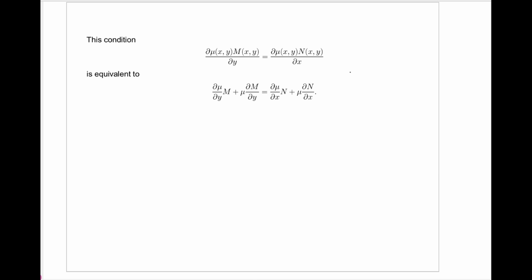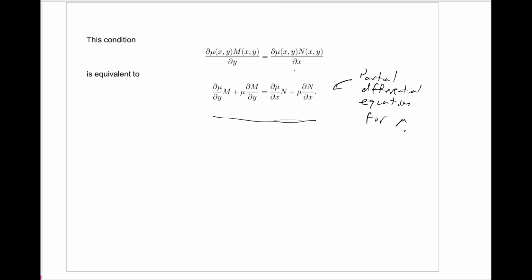So this is that condition I just wrote down, and by using the product rule, we get that that condition is equivalent to this differential equation. Now, you can think of this as a differential equation for the function mu. Unfortunately, this is a partial differential equation for the function mu.